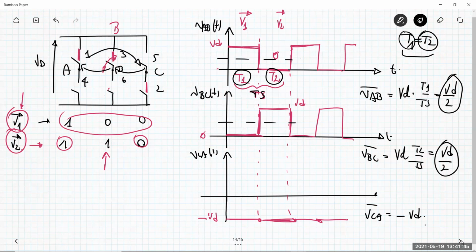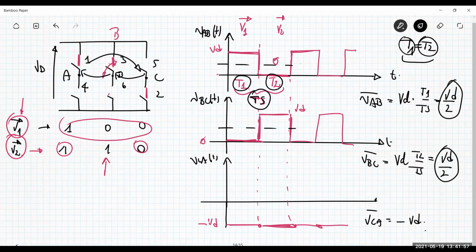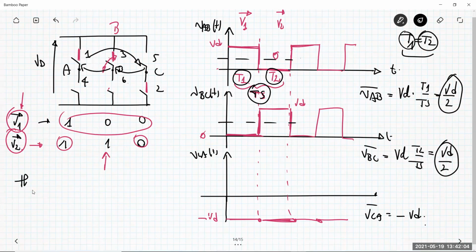It only works if, for at least one period TS, the rotating vector is not moving. So it means that the rotating vector must have a frequency much slower than the switching frequency, much slower than 1/Ts.